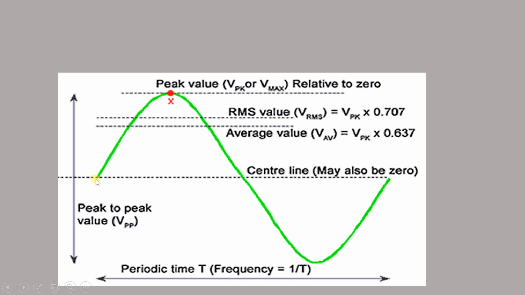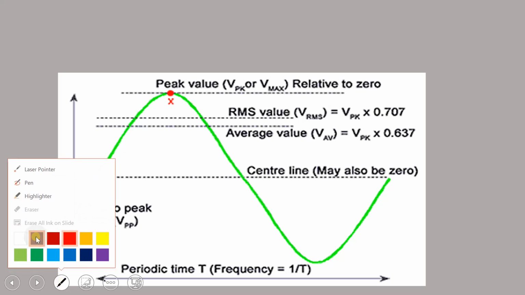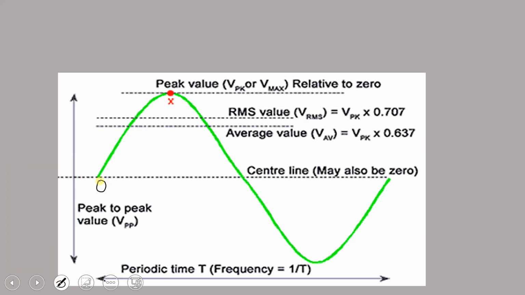Here it is from 0, pi and 2 pi, and this is pi by 2, and this is 3 pi by 2.